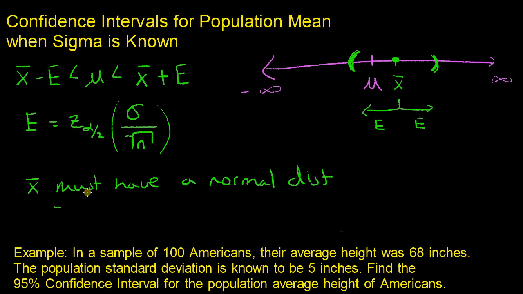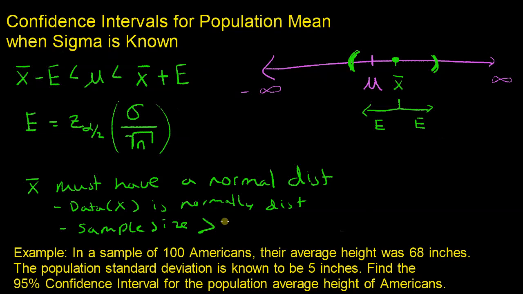The first way is that the data, or X, is normally distributed, or the sample size is more than 30. Remember, the central limit theorem says that X bar will be normally distributed no matter what the original distribution of the data is, as long as the sample size n is greater than 30. So if these criteria are met, then you can use this formula.